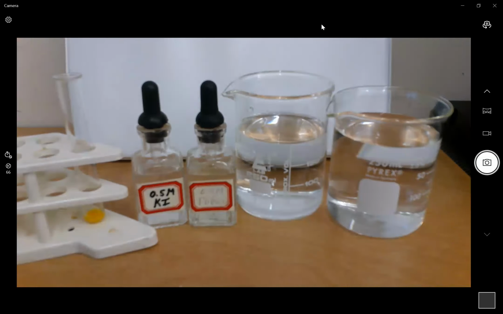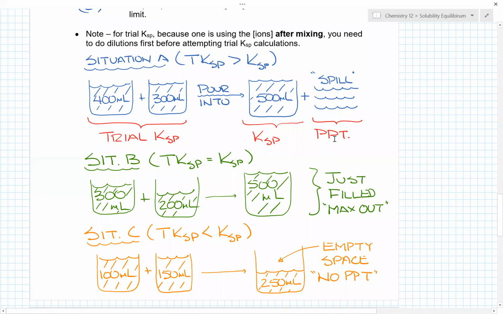Now, let me go back here. The analogy I give is, let's say you are going to an all you can eat dinner. Sometimes you eat so much that your stomach gets full and then you kind of throw up all the extra. That would be like situation A. You've eaten too much for your stomach to hold.